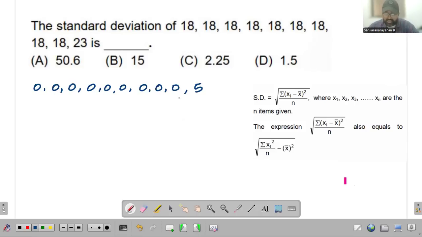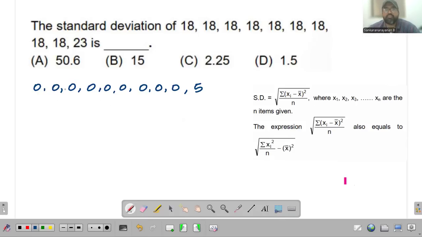Now, we can consider here the standard deviation, it is equal to square root of summation xi square upon n minus x bar the whole square. First we will find out what is the arithmetic mean of these observations.